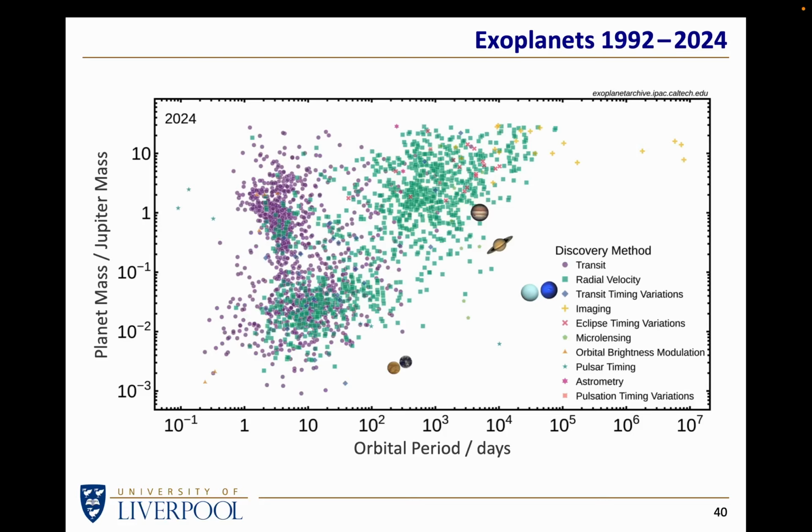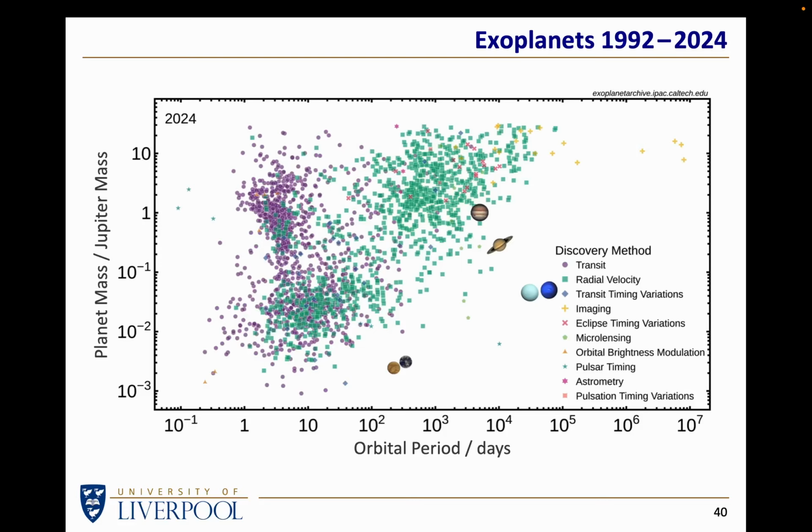This is partly observational bias, because if we're looking, for instance, to see the wobble of a star, we are going to preferentially find those systems which have a large planet which is producing a large wobble of the star. It's going to be very difficult to find small planets. The same for transits. If we're thinking about a planet blocking the light from a star, big planets are going to be easier to see because they block more light.